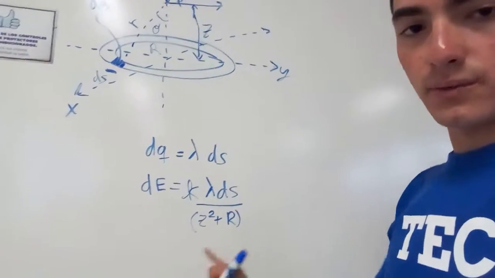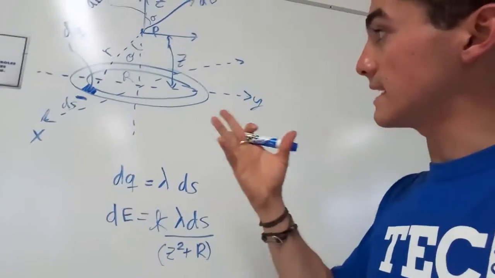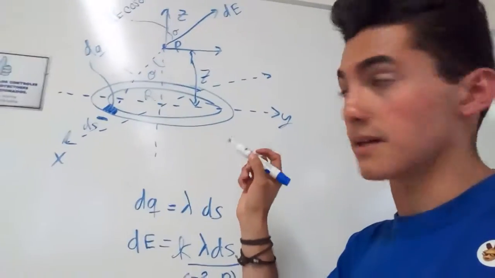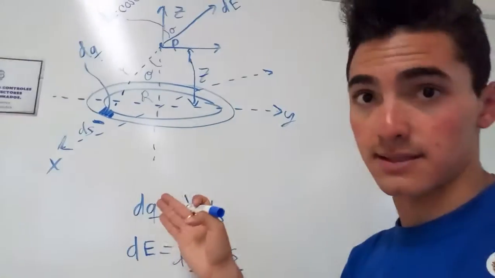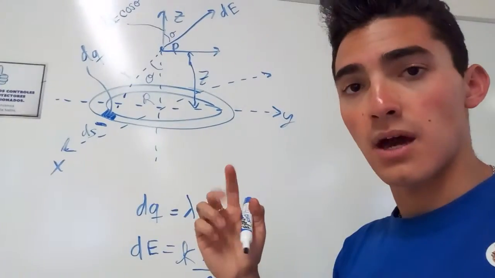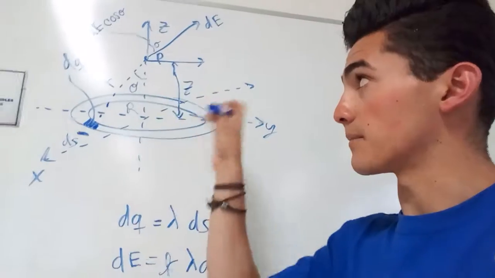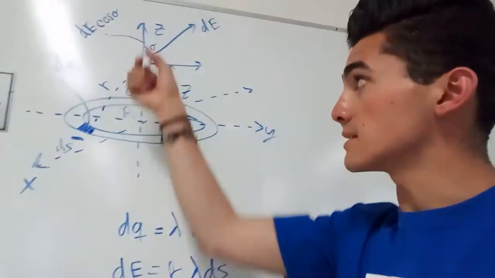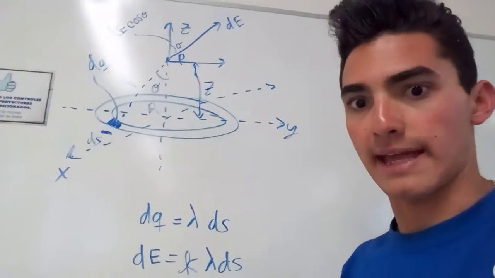So once we know this, we can see that as the ring is over the x and the y axis, the force due to both axes will be the same. So the components of the electric field in the plane are cancelled, but the component in the z-axis is not cancelled.